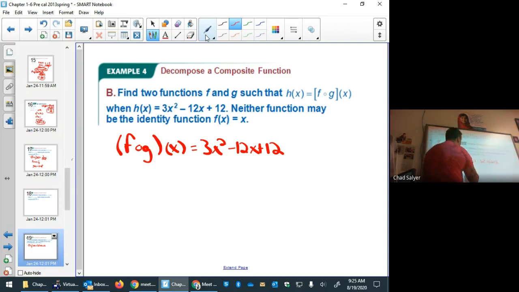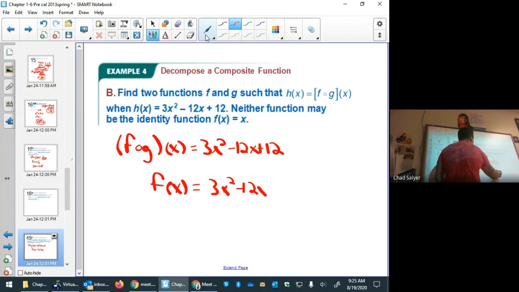Here's what occurs to me. If I let f of x equal 3x squared minus 12x, I'm sorry, I should do that the other way around.